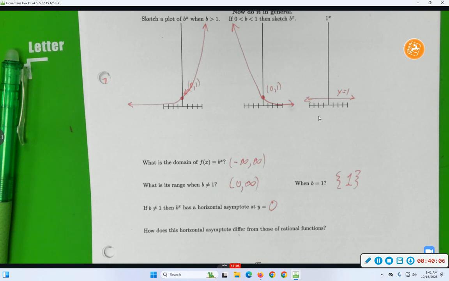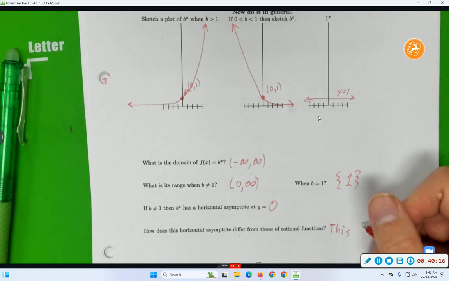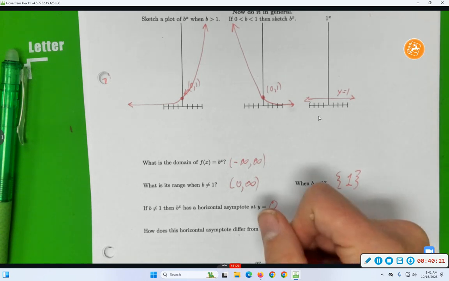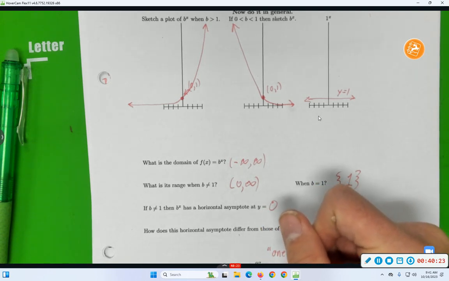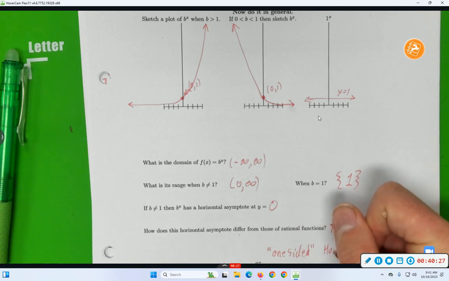Rational functions have the same horizontal asymptote at either side, if they have a horizontal asymptote at all. So maybe I'll introduce a word that's a descriptive word, but not a commonly used word for this: a one-sided horizontal asymptote.